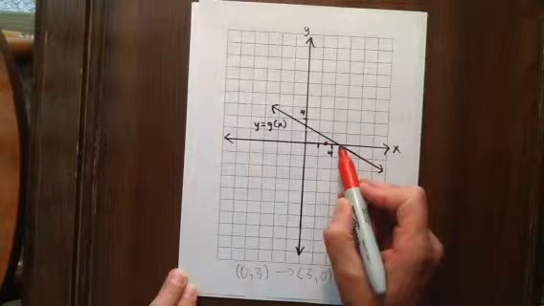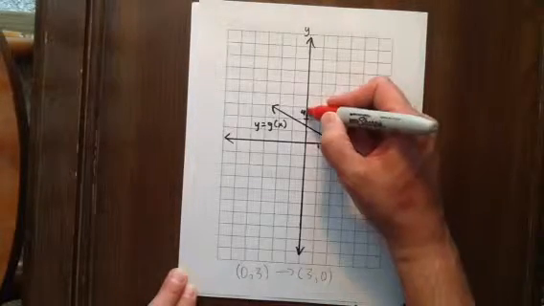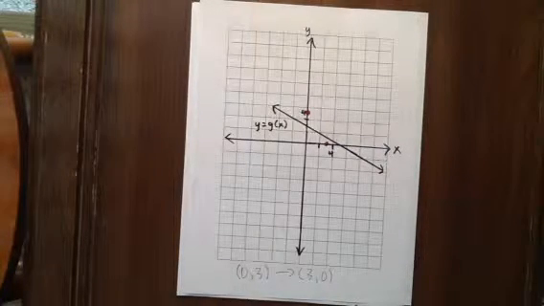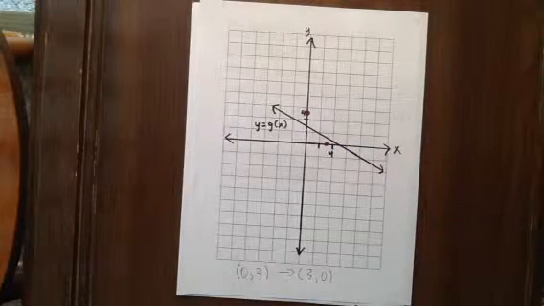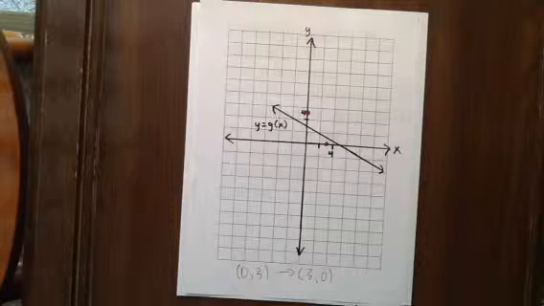Now, in the original function, we have (5, 0). Switching x and y, we see that the image of (5, 0) is (0, 5). And we come up to here, and we plot that point. Now, the original function is a straight line that contains both the points (0, 3) and (5, 0).